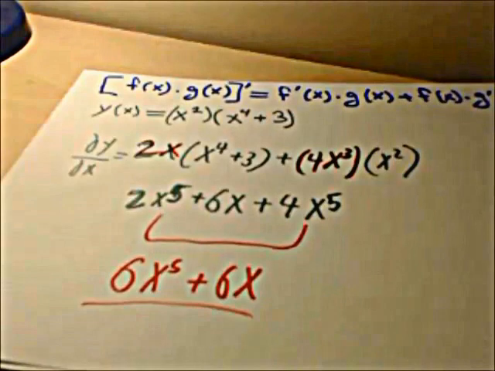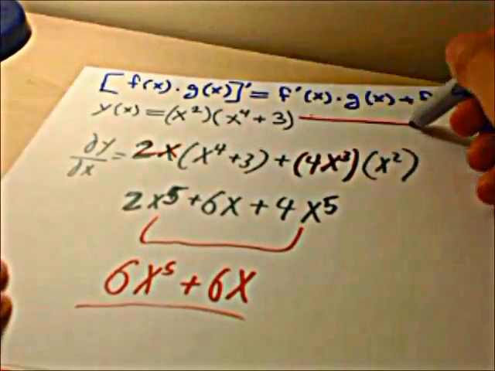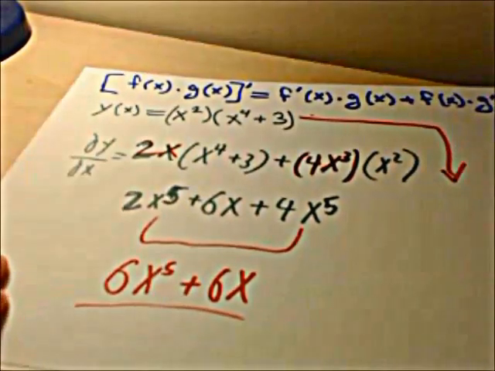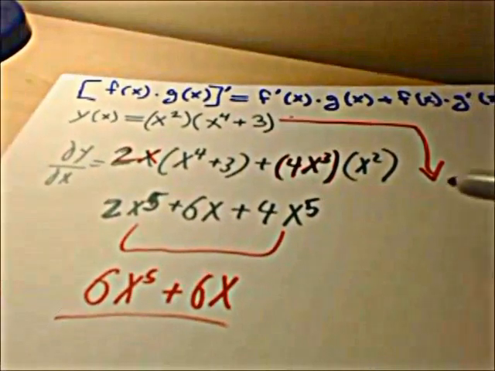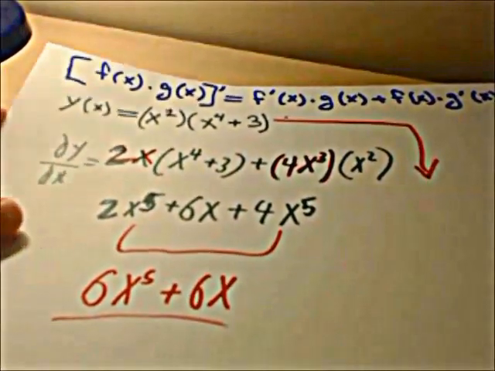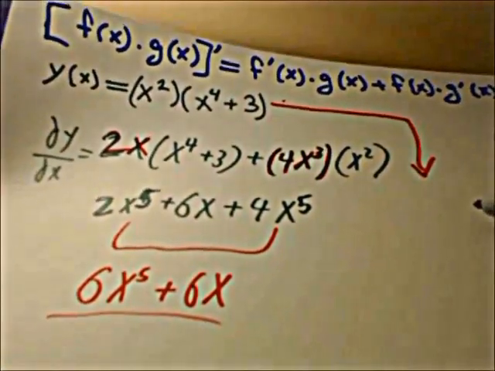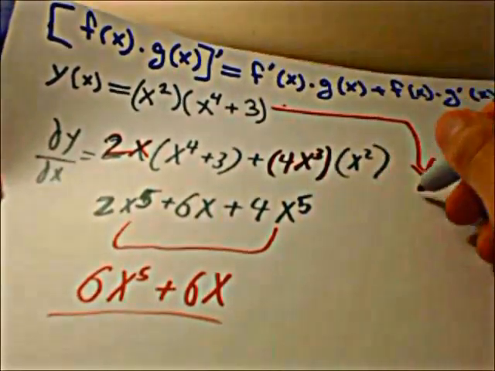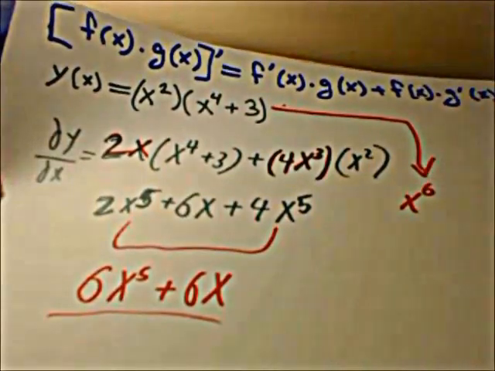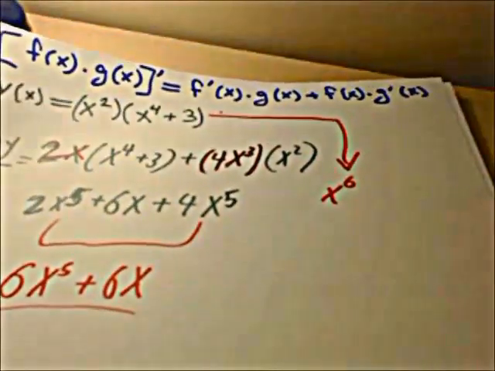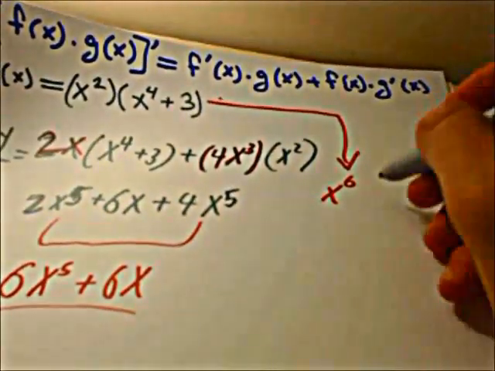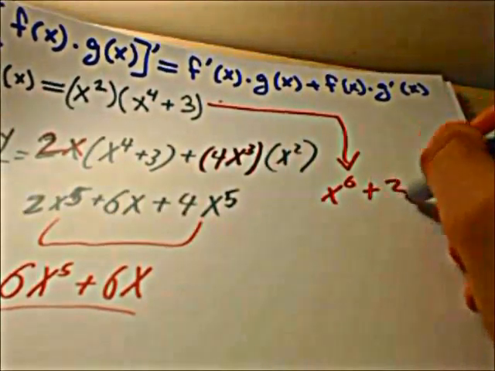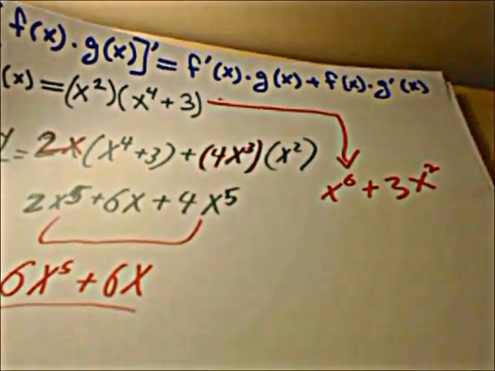In fact, if you want to, you can multiply it together first and then take the derivative, and we would get the same result. Let's try it out here. x squared times x to the power 4 would be x to the power 6, and then x squared times 3 is going to be 3x squared.